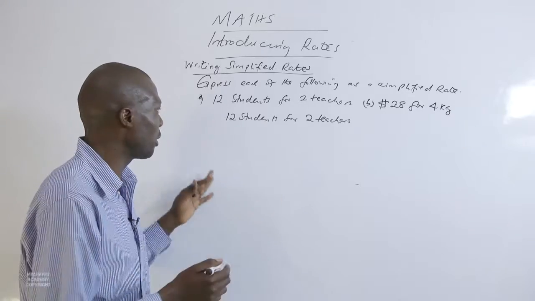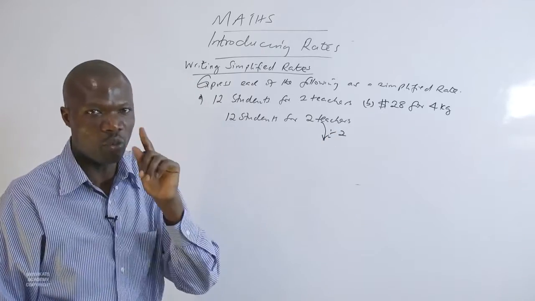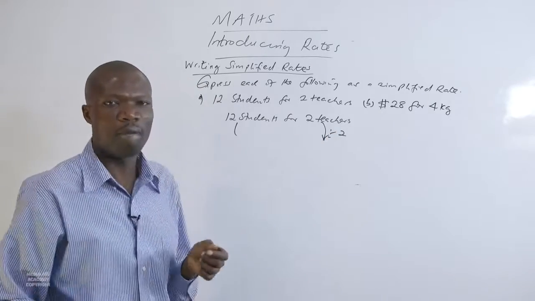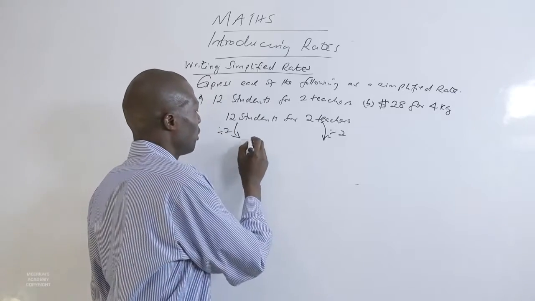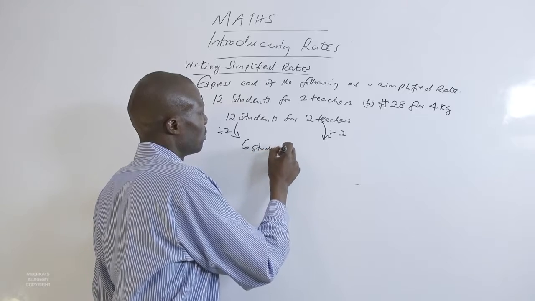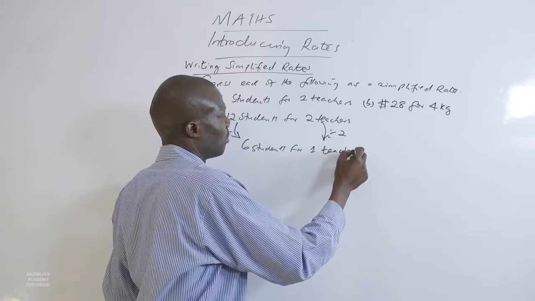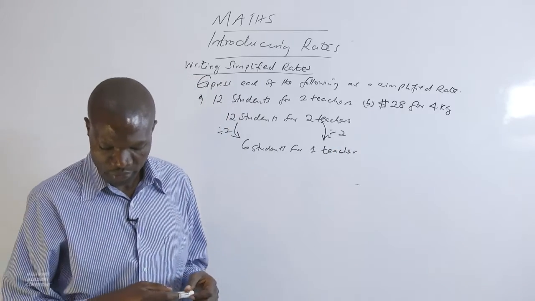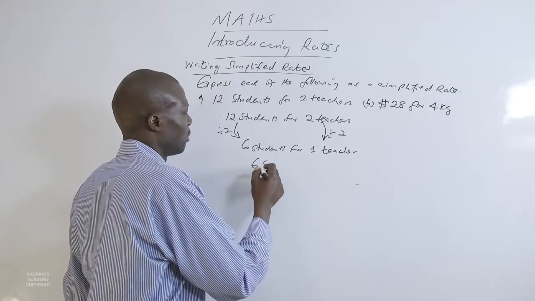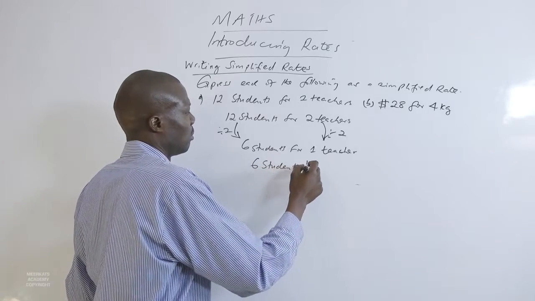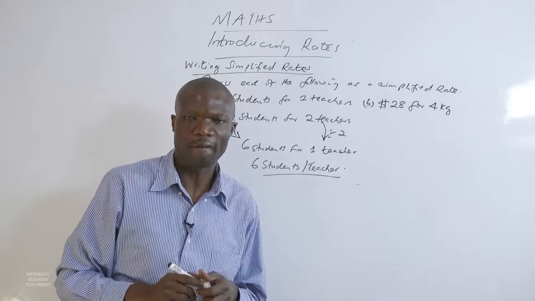We shall divide this side by 2 so that we have 1 teacher. Divide 12 by 2, you'll have 6, so we have 6 students for 1 teacher, which can also be written as six students per teacher.